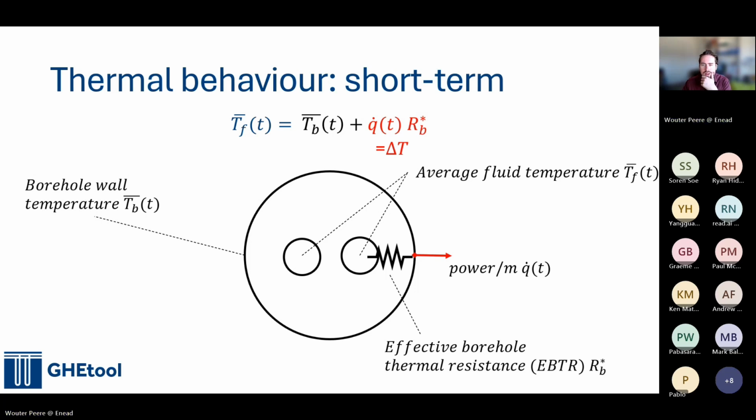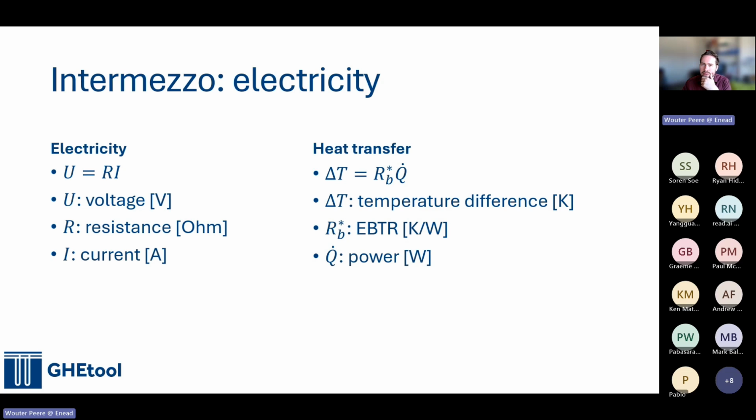Now, if we take a look at the electricity world, we're all familiar with Ohm's law, which states that the voltage across a certain electrical component is equal to the current through that component multiplied by its resistance. Well, the same can be said about heat transfer.